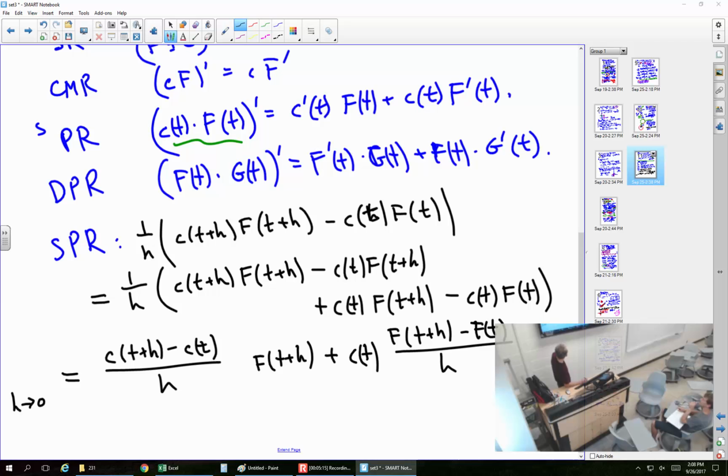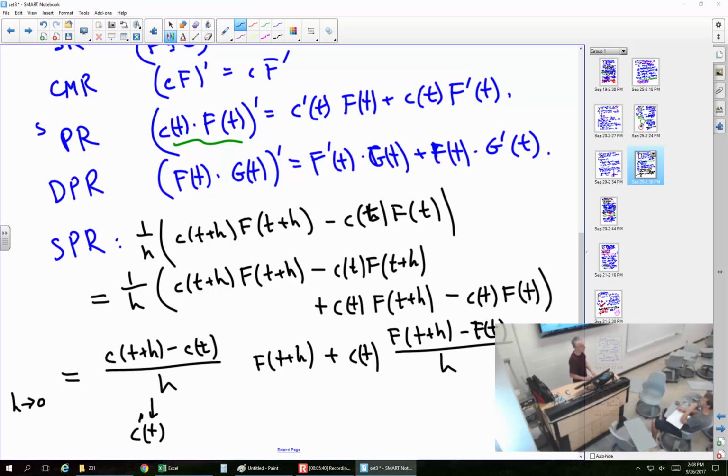No. This is the change of c. Forget about everything else. We have a function c. It is c of t plus h minus c of t divided by h, increment of c over the increment of t. Where does that limit go? What's the limit of that? The derivative of c of t, that's right.